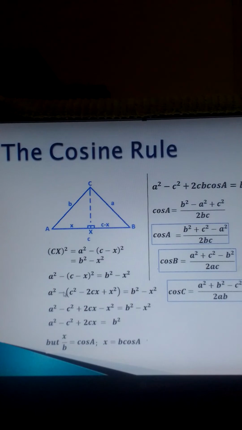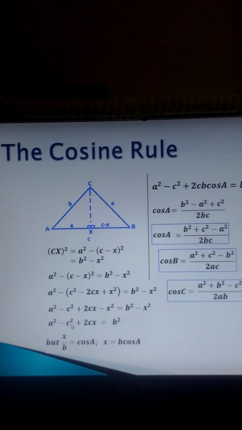Now we can open the brackets and we find that this is a squared minus c squared plus 2cx minus x squared is equal to b squared minus x squared. We can see that minus x squared is common here and also here. So we can add x squared on both sides, and so this term will disappear. We remain with a squared minus c squared plus 2cx is equal to b squared.